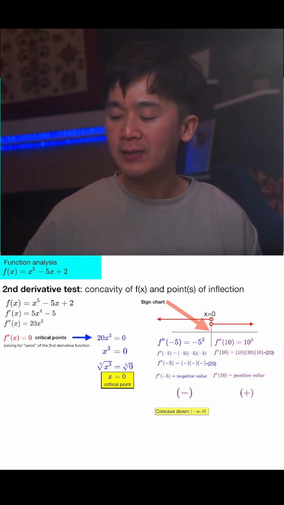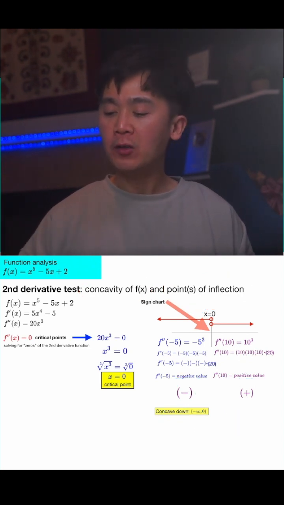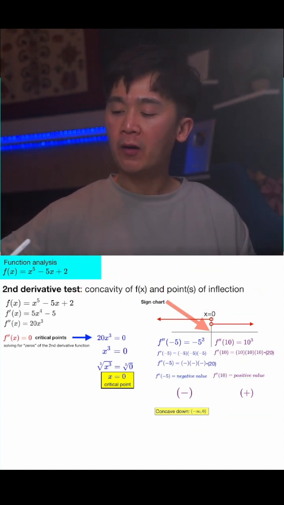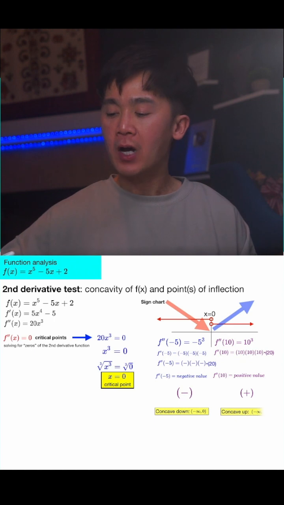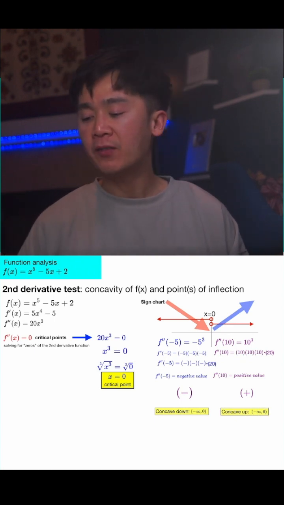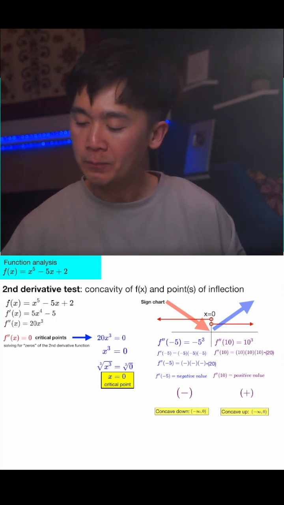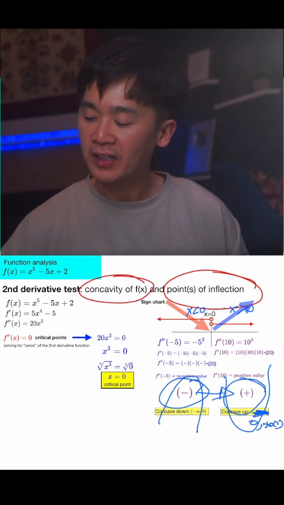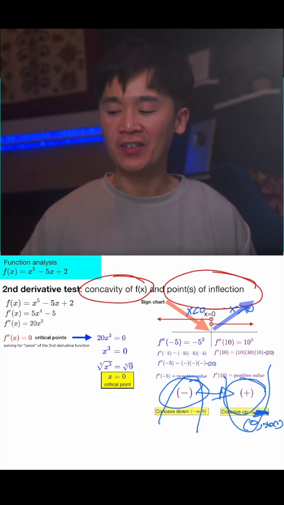So in this case, we know that it's concave down between negative infinity and 0. And we know that f of x is concave upward between 0 and positive infinity. So not negative infinity.